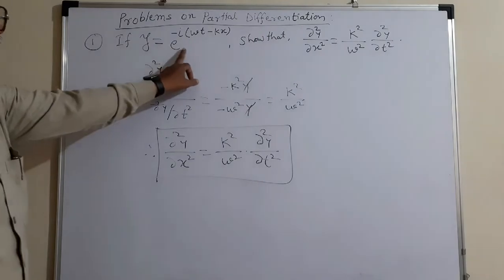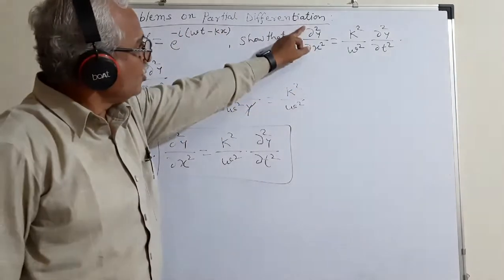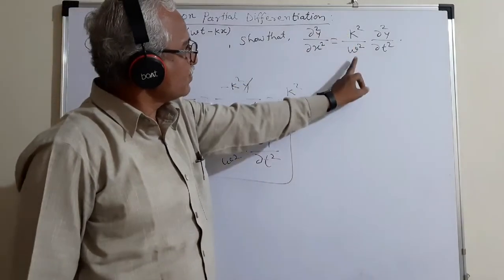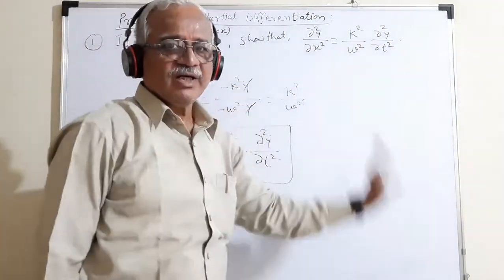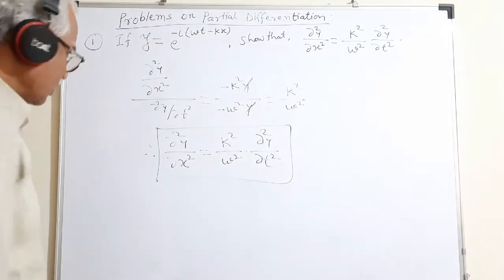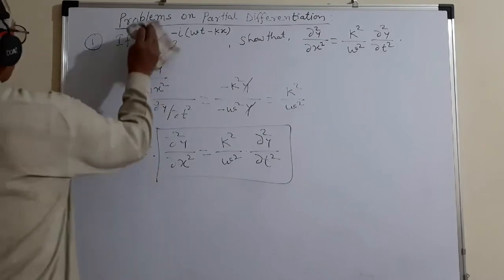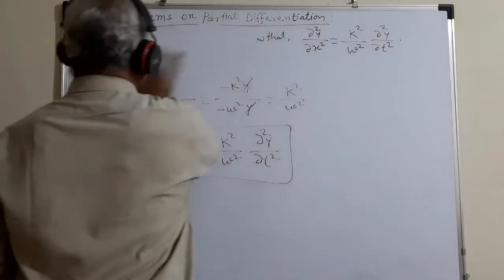So if y is equal to e raised to minus i omega t minus kx, we are asked to show that ∂²y/∂x² is equal to k² upon omega² ∂²y/∂t², and that is what we have proved. So that is this first problem. Now let us see the second problem.